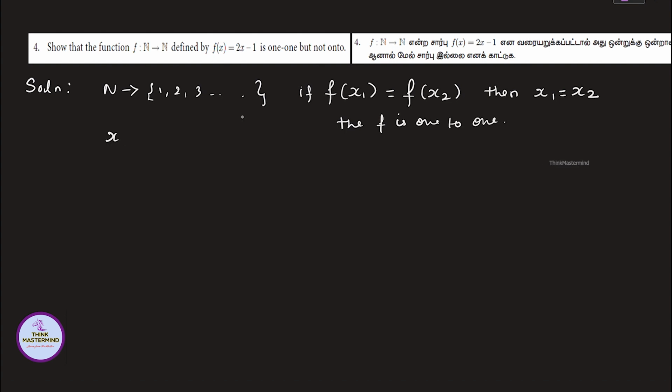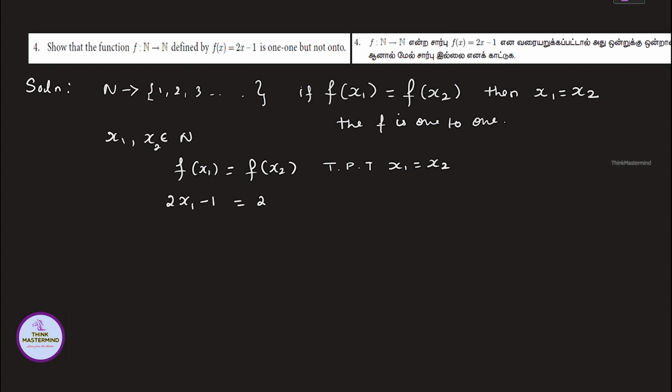So first we take x1, x2 belongs to N. Therefore f of x1 is equal to f of x2. Then we have to prove that x1 is equal to x2. So f of x is defined as 2x minus 1. f of x1 means x replaced by x1, that is 2x1 minus 1, which is equal to 2 times x2 minus 1.